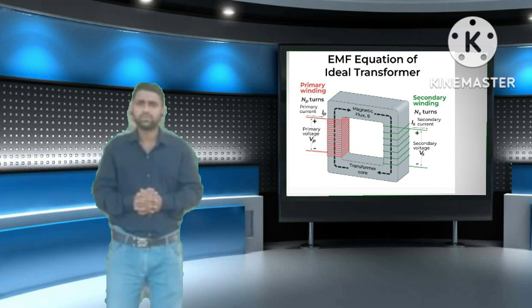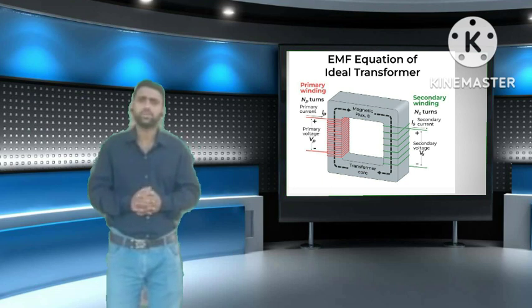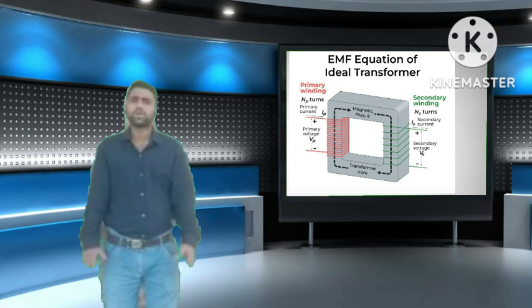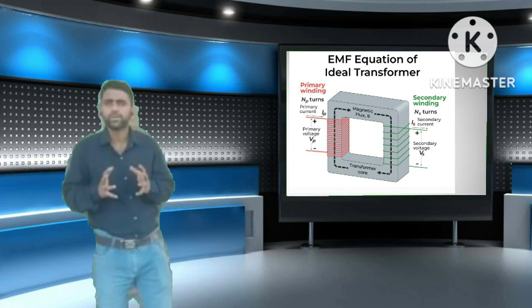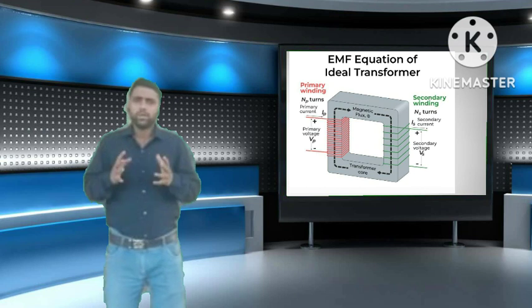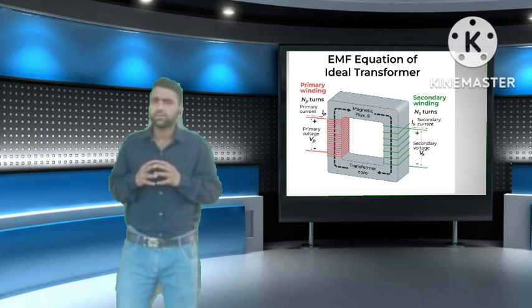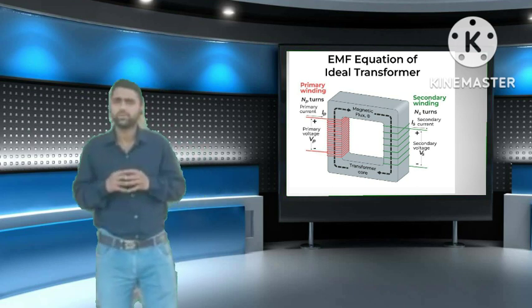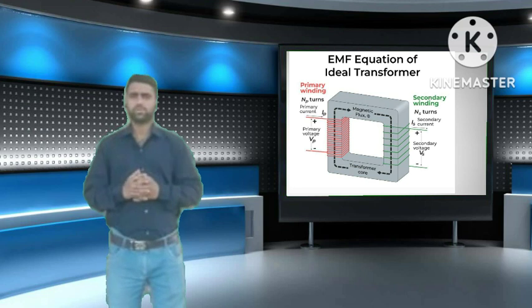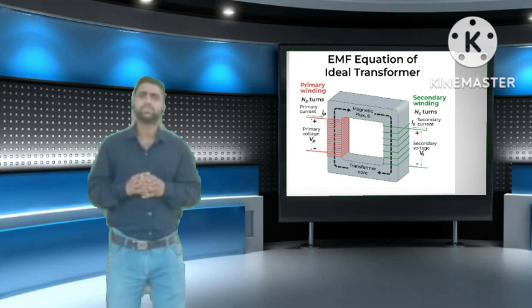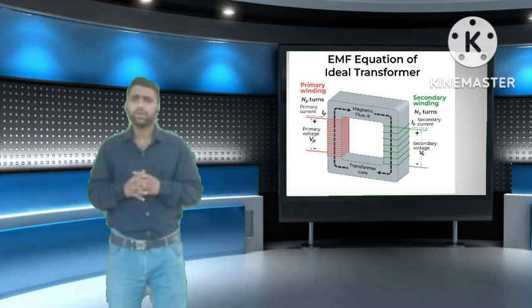This is effectively and efficiently done by placing a low reluctance path common to both of the windings. This low reluctance path is the core of the transformer, through which the maximum amount of flux produced by the primary passes, linking with the secondary winding. This is the most basic principle of a transformer.